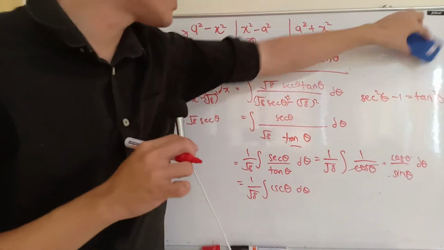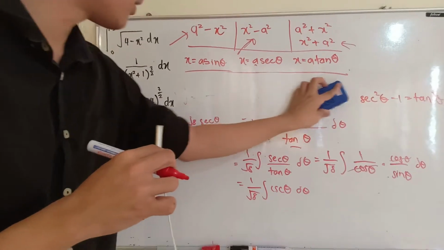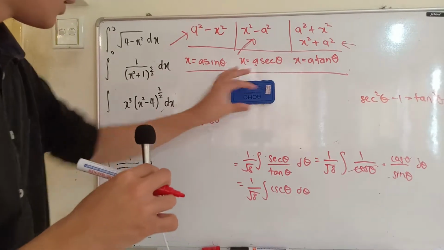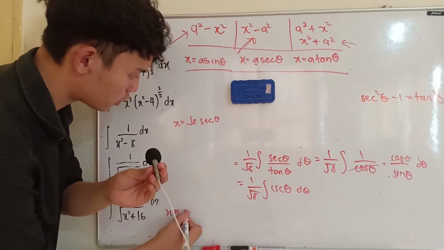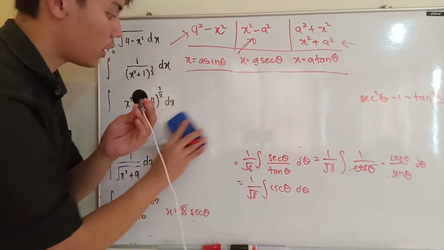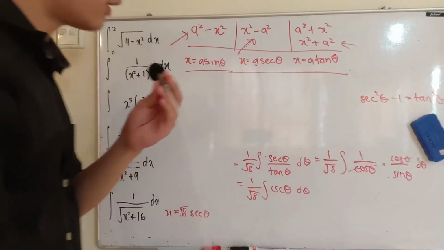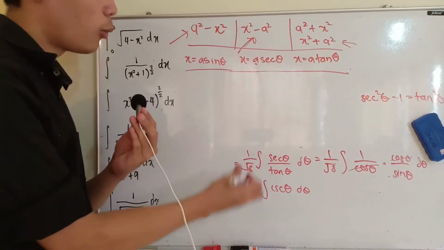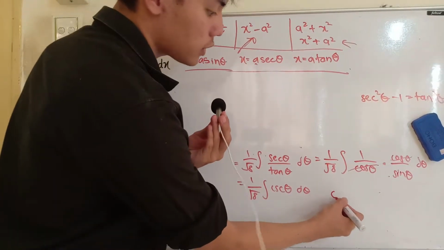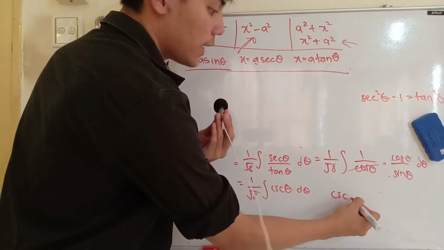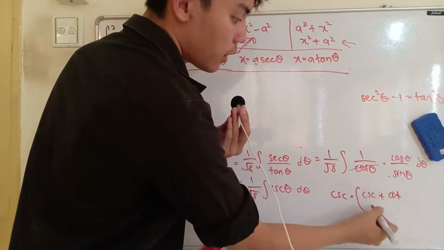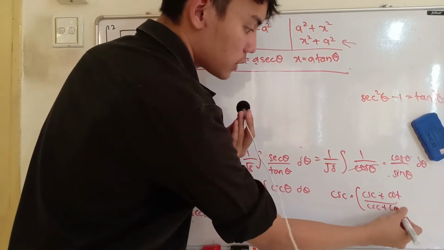So what you're going to do after that, I'm just going to erase this part because I don't need it, and I just need 1 over 8 times the integral of secant theta. When I have cosecant, I need to multiply by cosecant plus cotangent over cosecant plus cotangent.